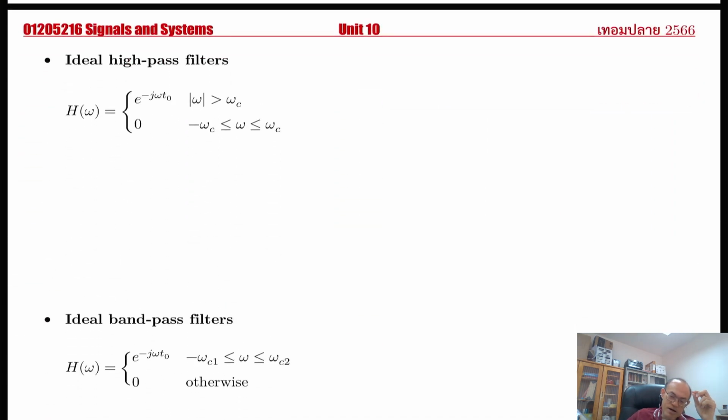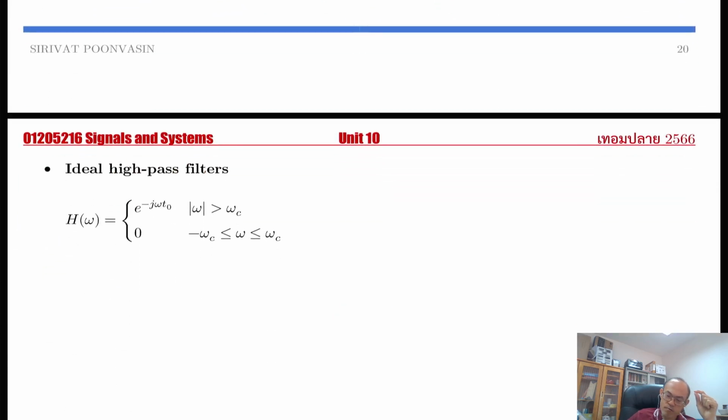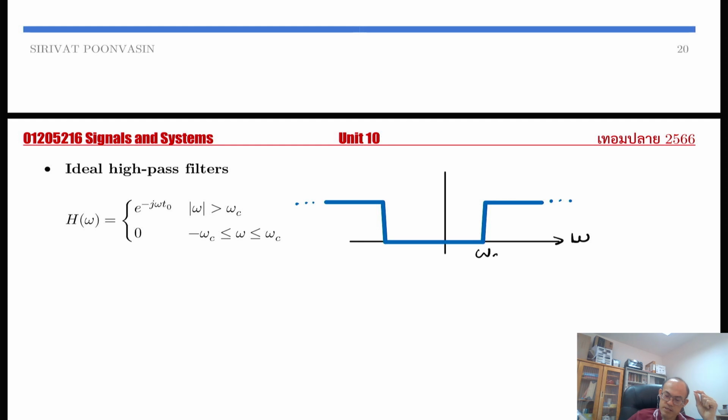Okay, and this is the ideal high pass filter frequency response. We may want to plot this one. The graph will look like this. Okay, this is omega c, this is minus omega c. Again, it may delay the input by time t0, so we have this one.